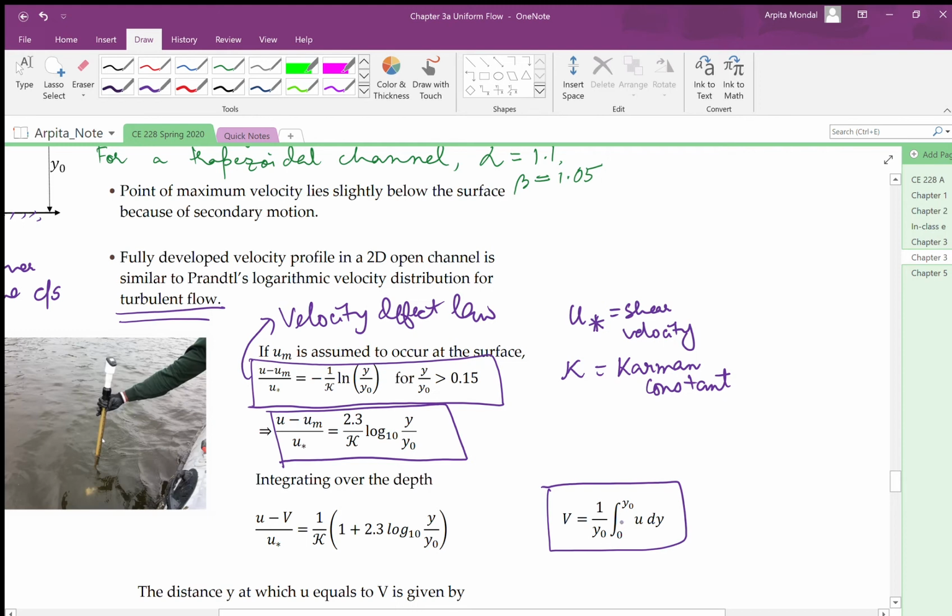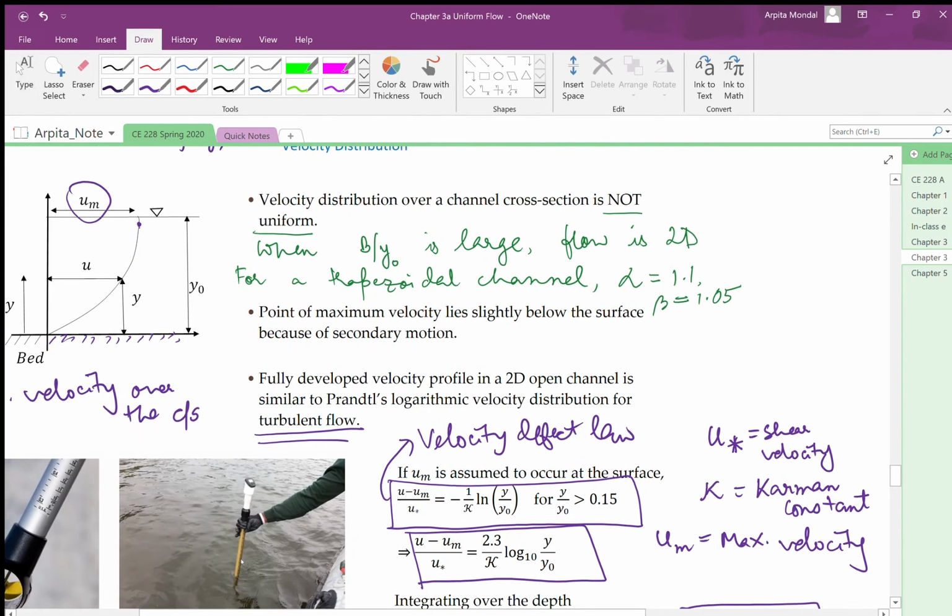We integrate it over the entire depth to get the average velocity, and when we do this and we rearrange the terms, we get the velocity defect law in terms of the average velocity. So v here is the average velocity. U max in the previous expression was the maximum velocity, and we had assumed it occurs at the surface, however in reality it occurs slightly below it.